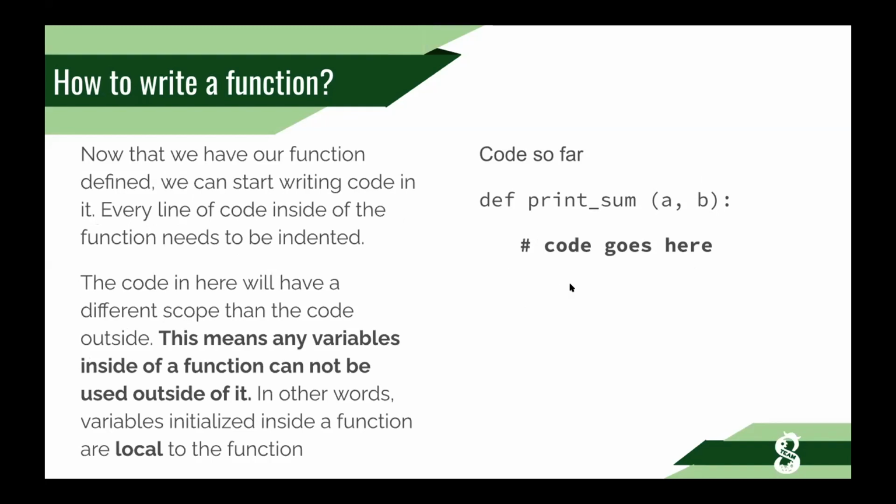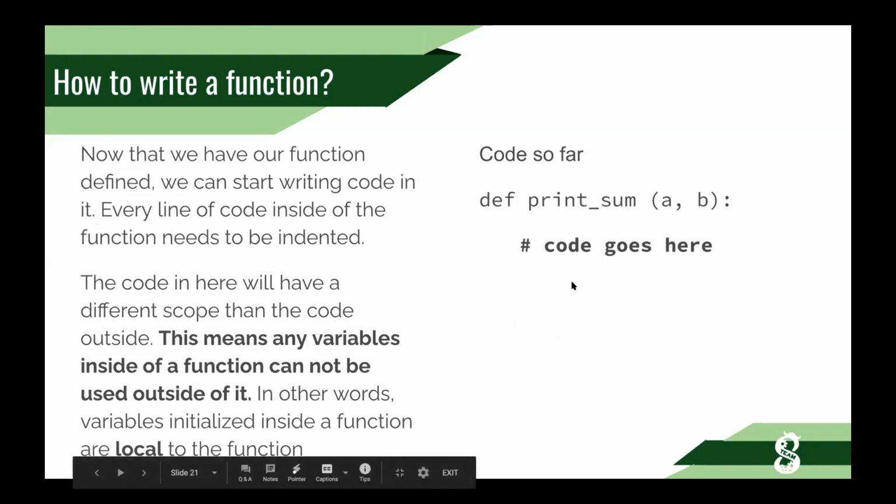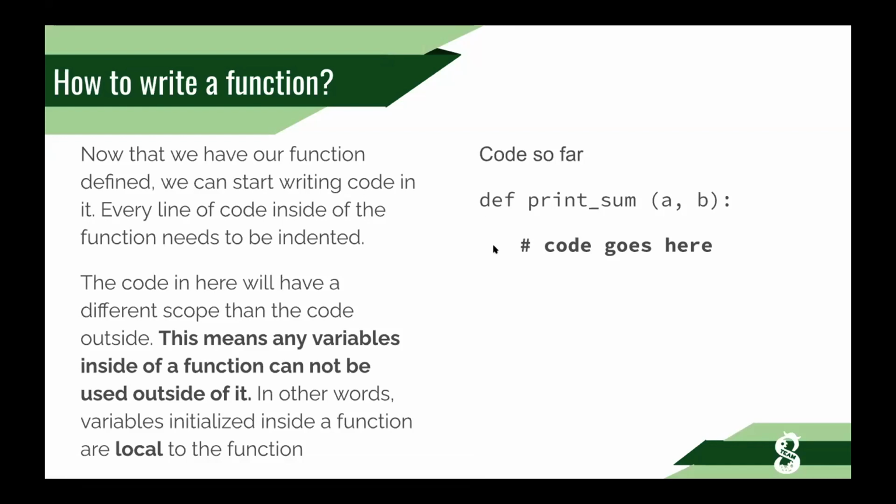So what is scope? There are many scopes inside of your code. Each different scope has different variables. So inside of a function, if you define any variable here where it says code goes here, you cannot access that variable outside of the function.